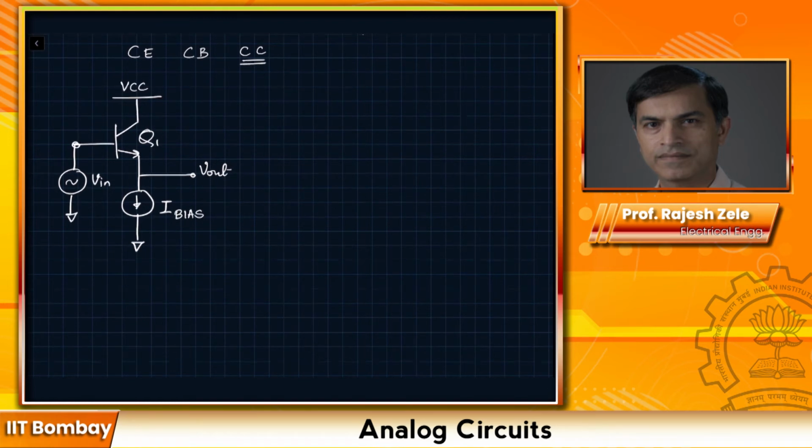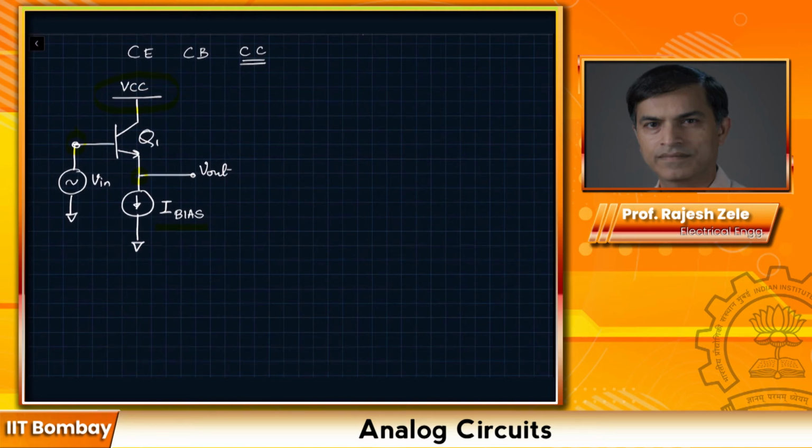So you can see that the collector is connected to VCC, which becomes AC ground, and input is applied to the base of Q1, and for output we are looking at the emitter. I bias is the constant current source that is used to bias transistor Q1. You can use a resistor, but for purposes of simplicity we are showing a constant current source here.